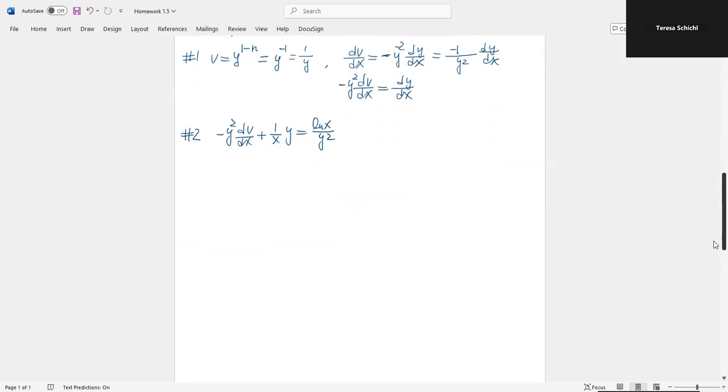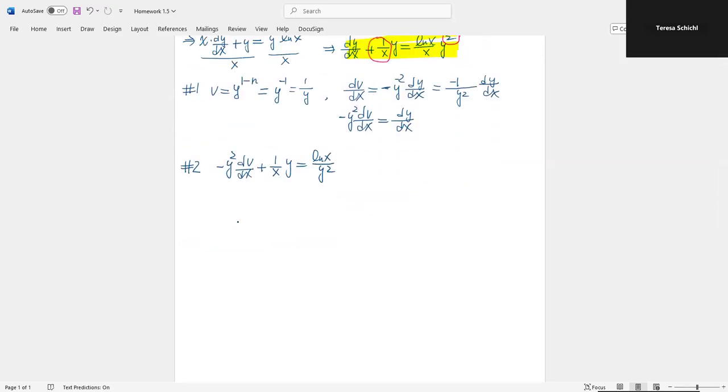I want to simplify to the linear equation format. Since this is negative y squared, I need to divide by negative y squared.